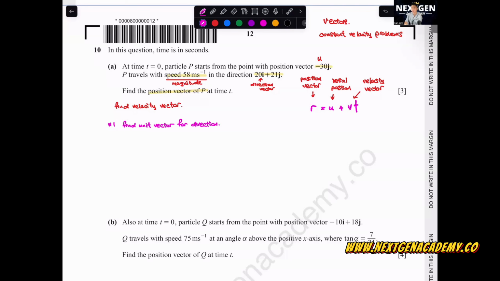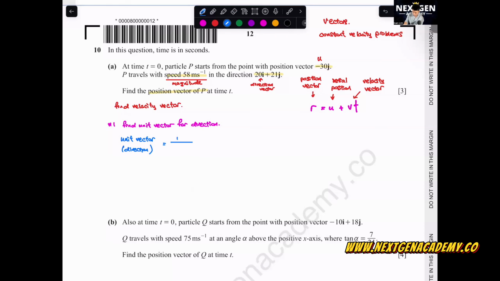Okay, how do we do this? Look here. Unit vector. You write down the unit vector for your direction. The direction is 20i plus 21j. You have to read very carefully over here. So how do we find the unit vector? Let me just write down the full formula first.